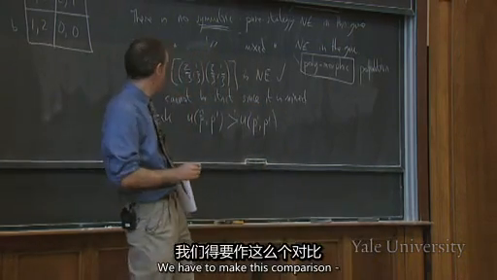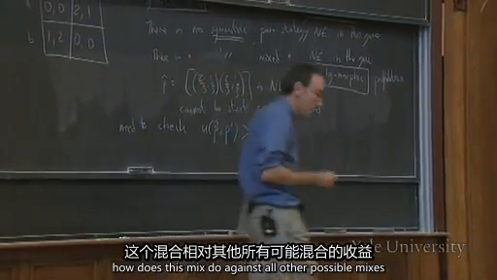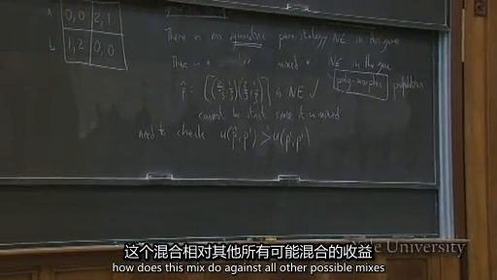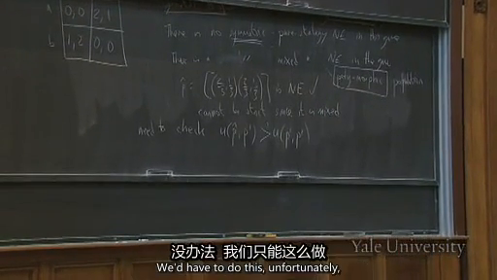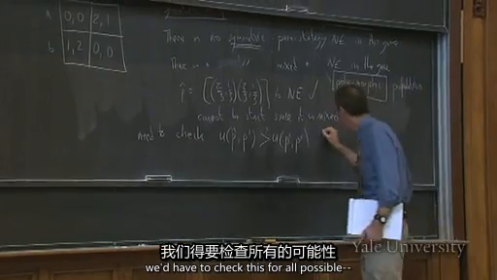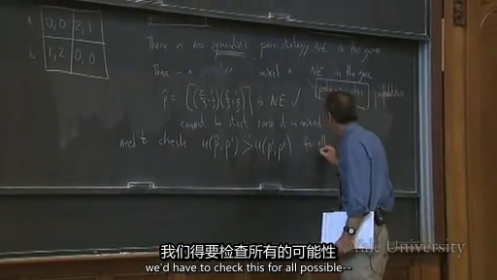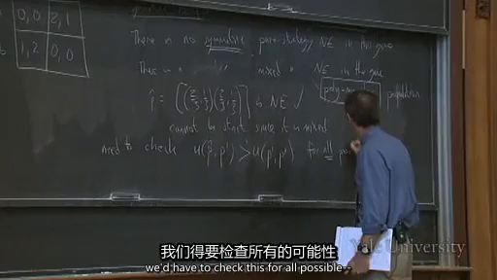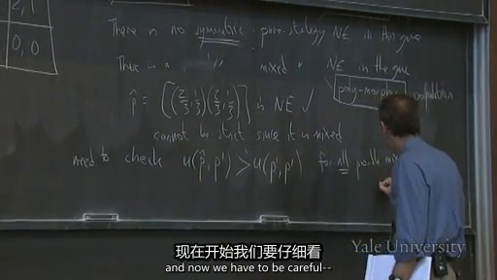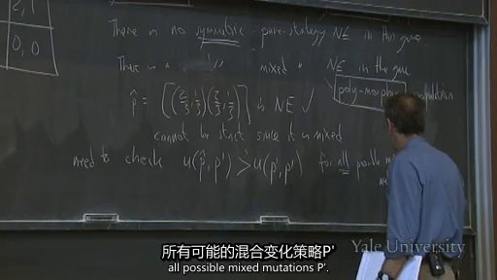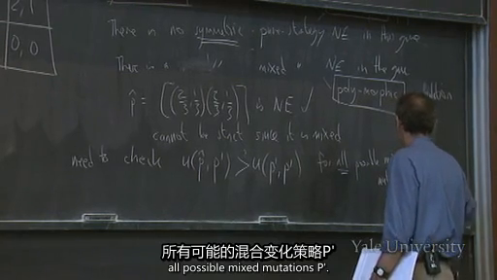We have to make this comparison. How does this mix do against all other possible mixes versus how those mixes do against themselves? And we'd have to do this, unfortunately, for all possible, and now we have to be careful, all possible mixed mutations P prime.